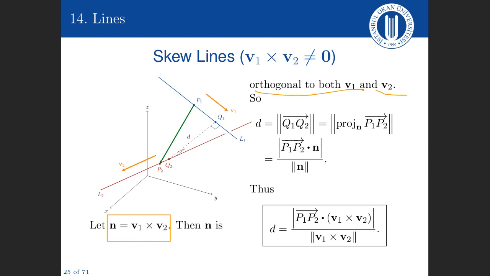So this vector is orthogonal to both the lines. In other words, this vector must be parallel to the line from Q1 to Q2.